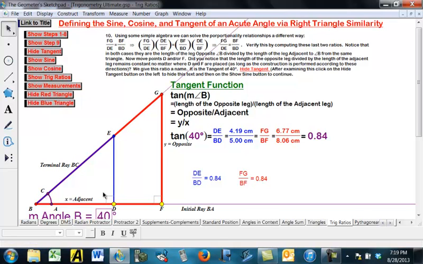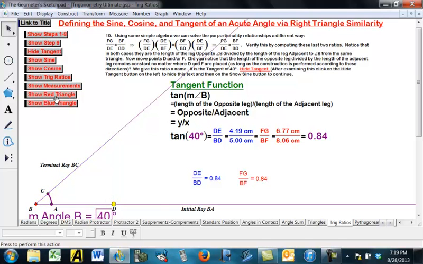Now, of your 2 legs, one of those legs is adjacent to the angle B, and one of those legs over here is opposite. Let's hide the blue triangle and only look at the red triangle. Then this Y is the opposite side, and X would be the side from B to F, the adjacent leg.